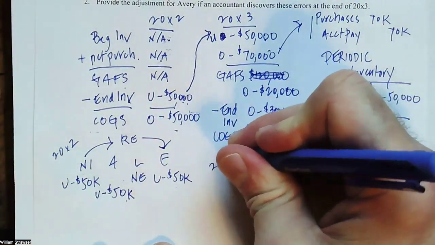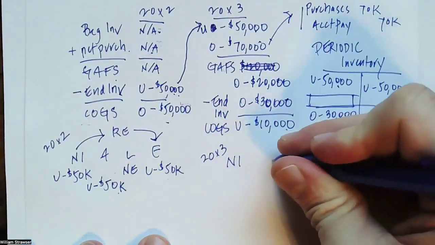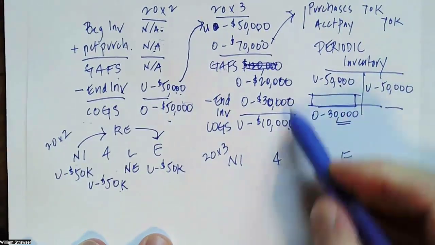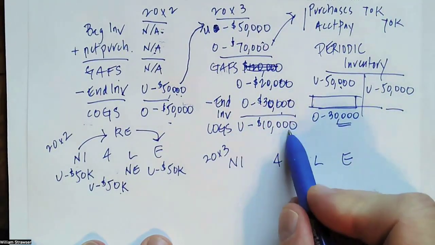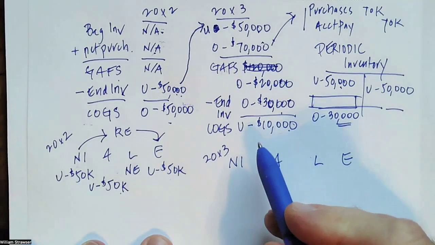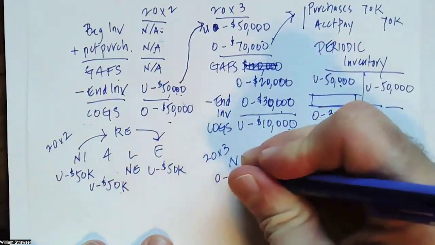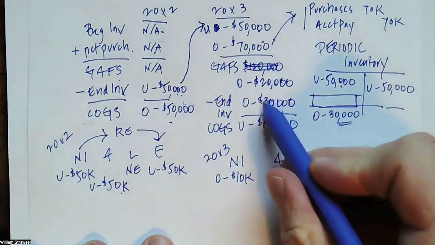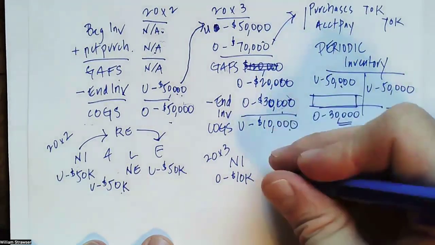For 20x3, perform the same analysis using this here. Net income: we have understated COGS. Well, if we subtract an amount that's too low, then our net income will actually increase. So that's an overstatement there. How about my assets? We have a $30,000 overstatement of my assets.